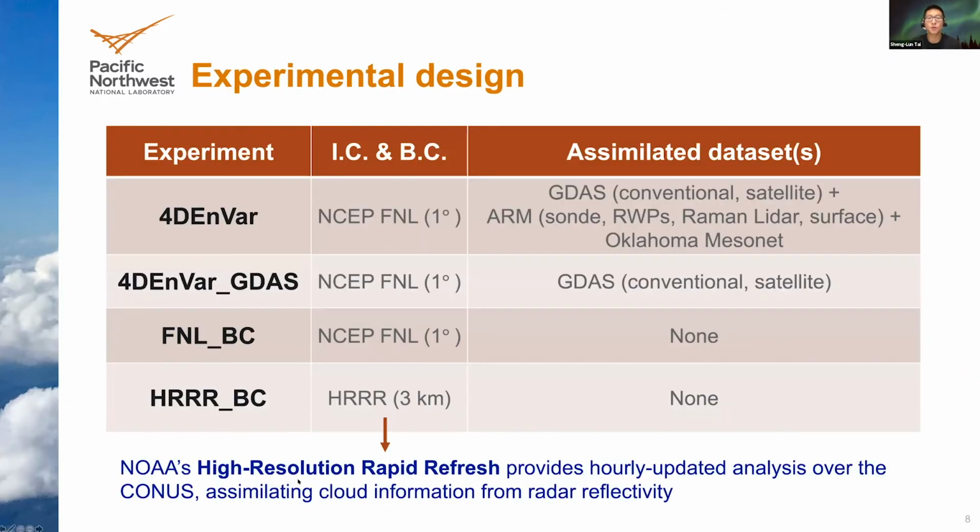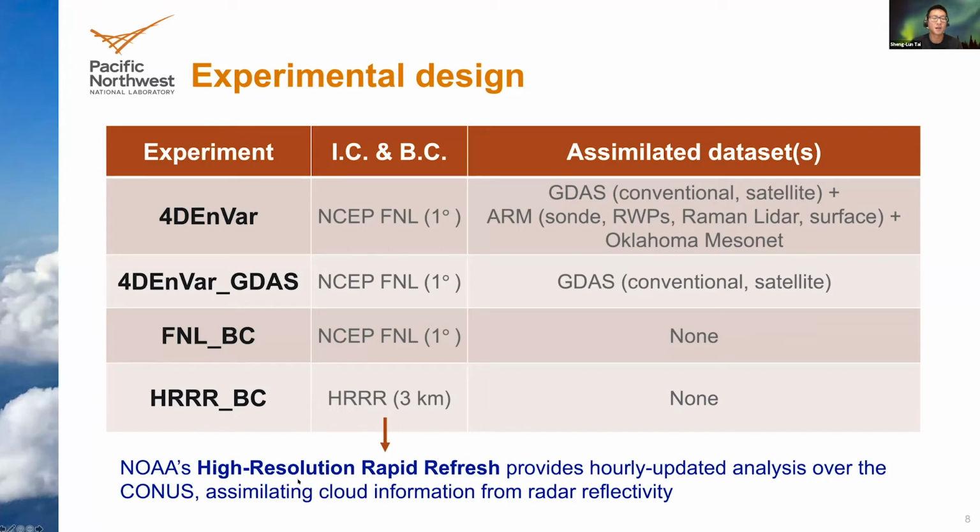Okay, so to understand the impact of data assimilation, we conducted several experiments. The first one, 4D-EnVar, is our control experiment, in which we use NCEP FNL reanalysis as the initial and boundary conditions, and then assimilate all available observations, such as the NCEP GDAS data stream, all the ARM data like is shown here, and Oklahoma Mesonet surface meteorology.